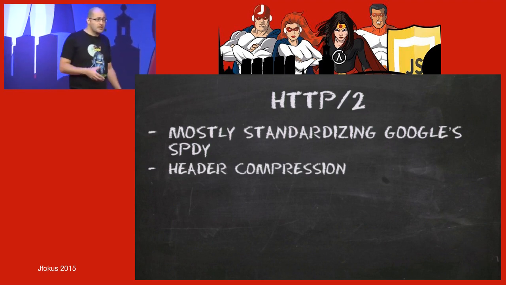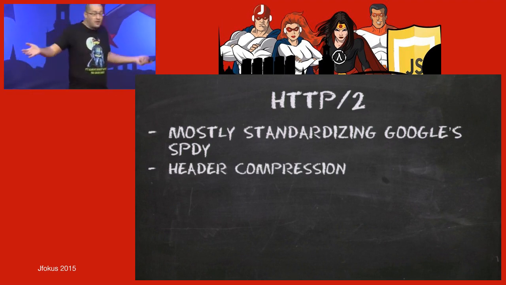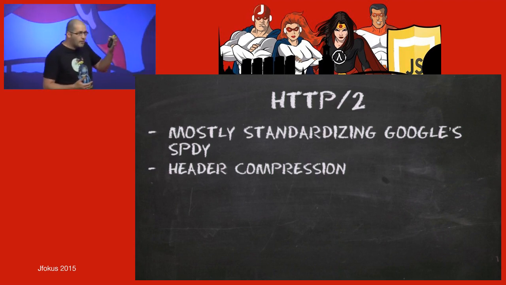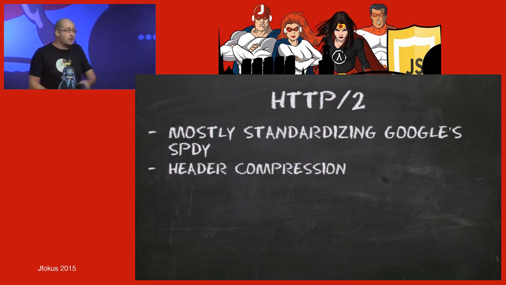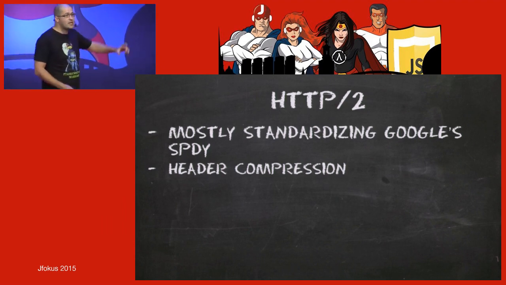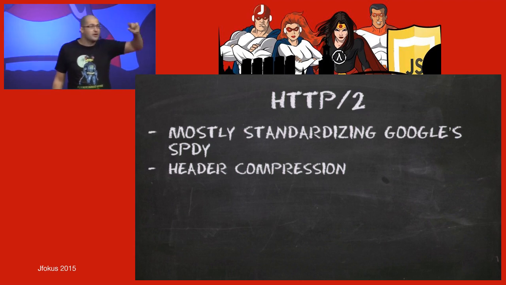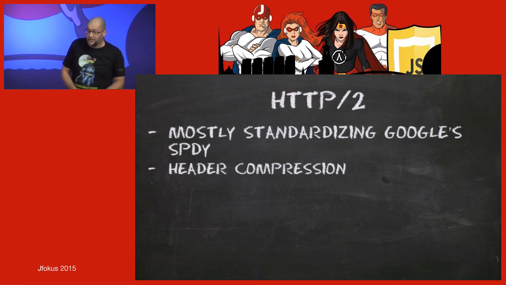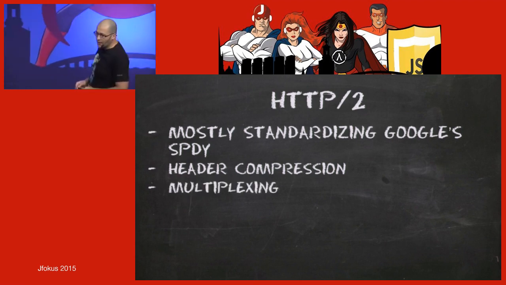Nice features is the header compression, for example. Back in the HTTP 1.1 days, no one even thought about compressing the headers because, you know, the headers. Today we see that sometimes the headers part is bigger than the body part. So it's plain text, it's definitely worth compressing.